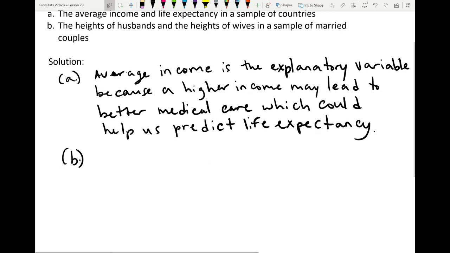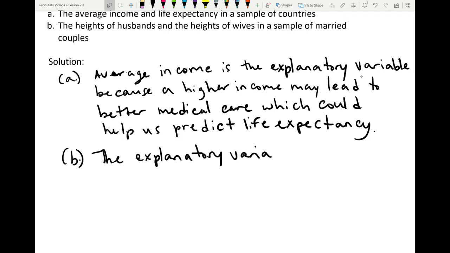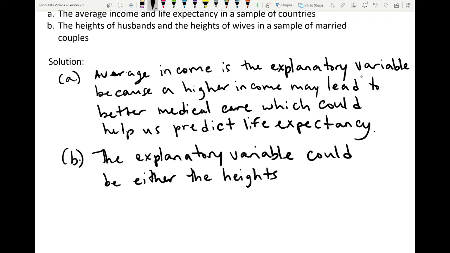So we're going to say that the explanatory variable could be either the heights of the husbands or the wives.